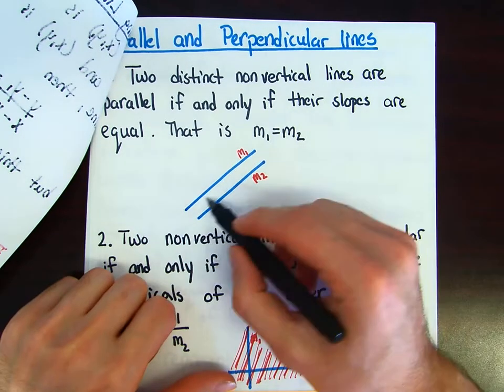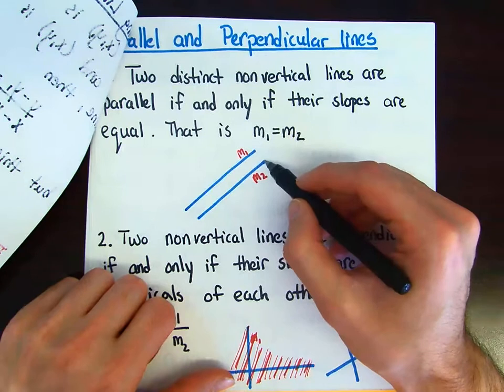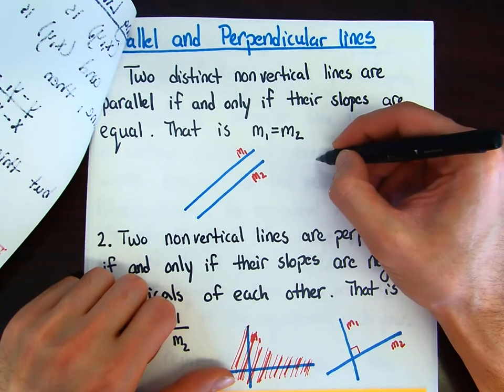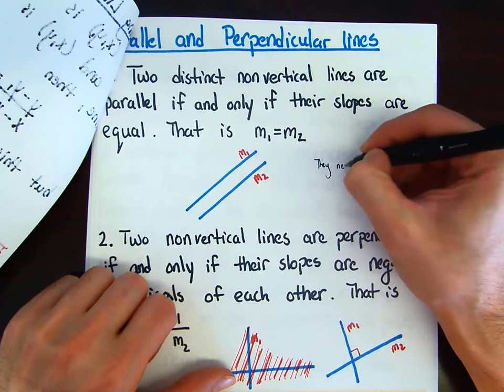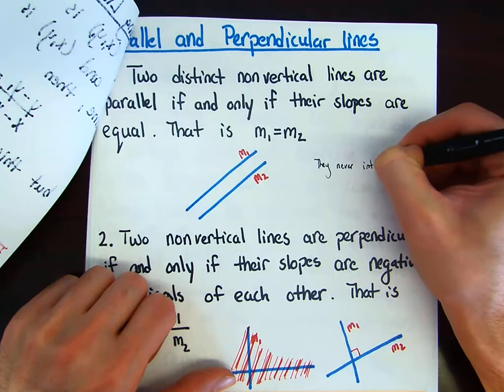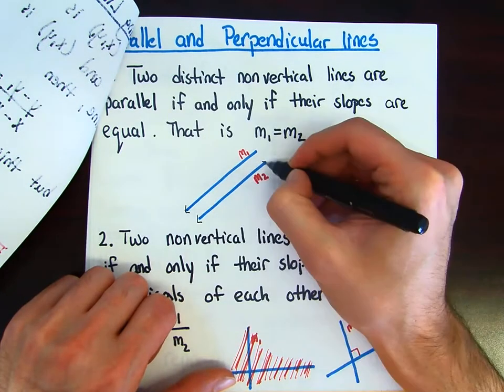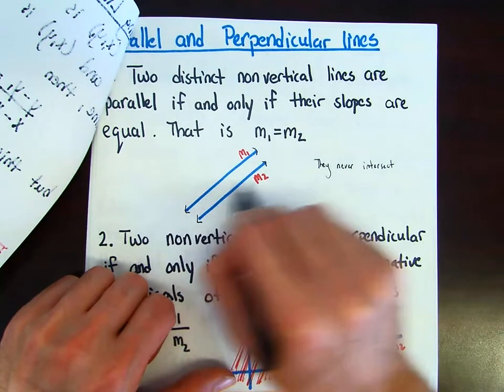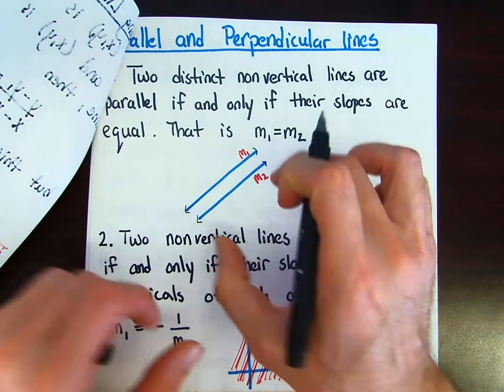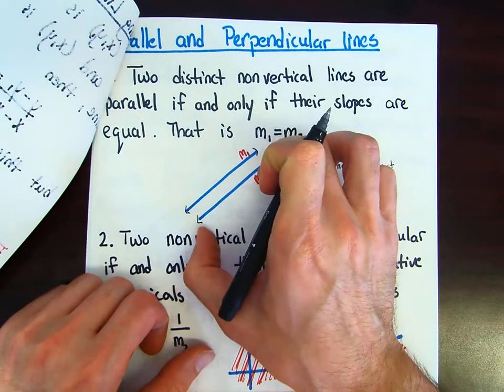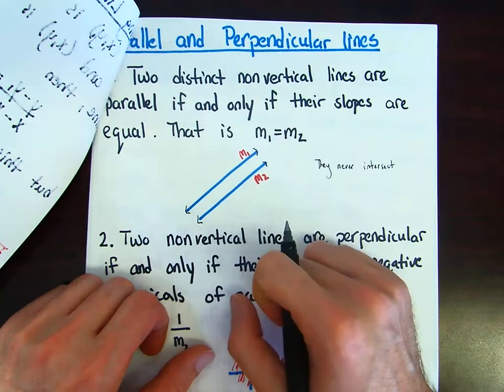So that idea of parallel lines is, you know, they never intersect. These two lines will never intersect each other from negative infinity to positive infinity. But what is a property about these lines that makes them never intersect with each other?